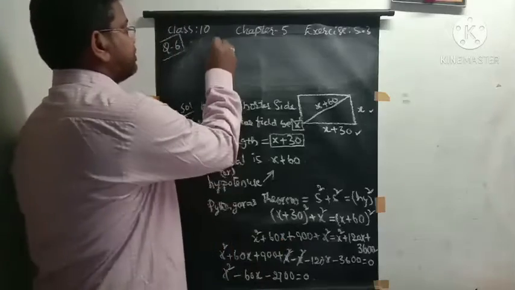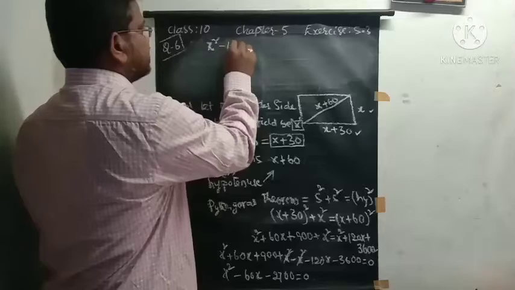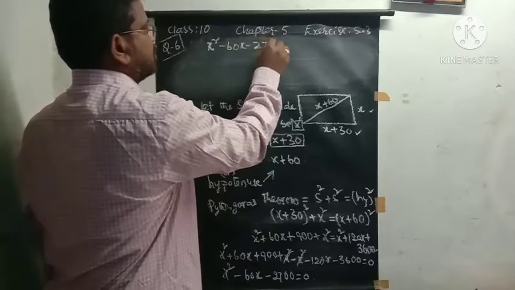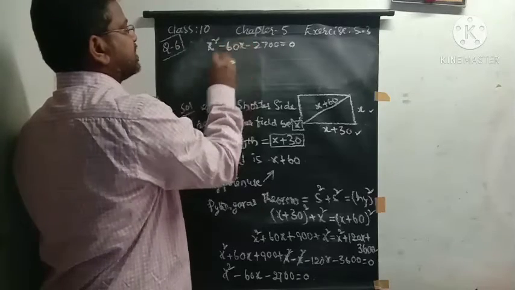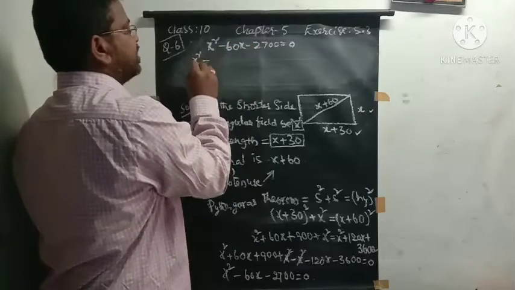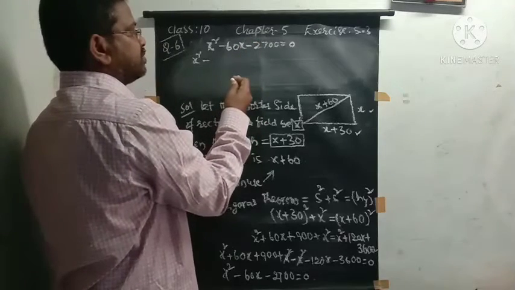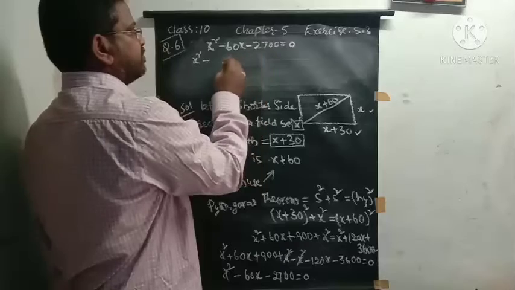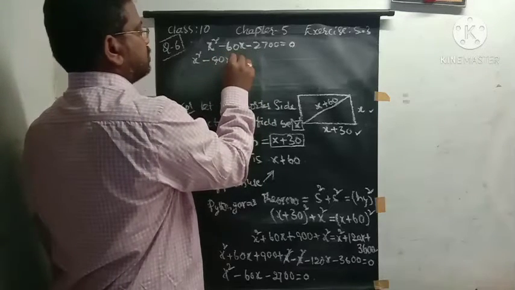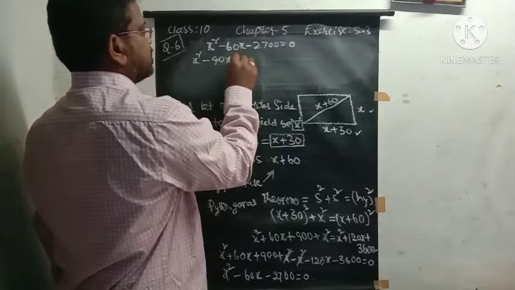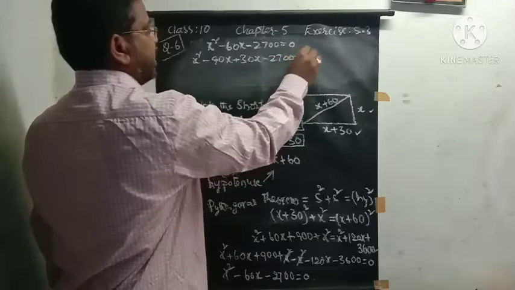Okay, factorize them. x square minus 60x minus 2700 is equal to 0. The 60x can be split as x square minus, what are the factors? 90x plus 30x minus 2700.